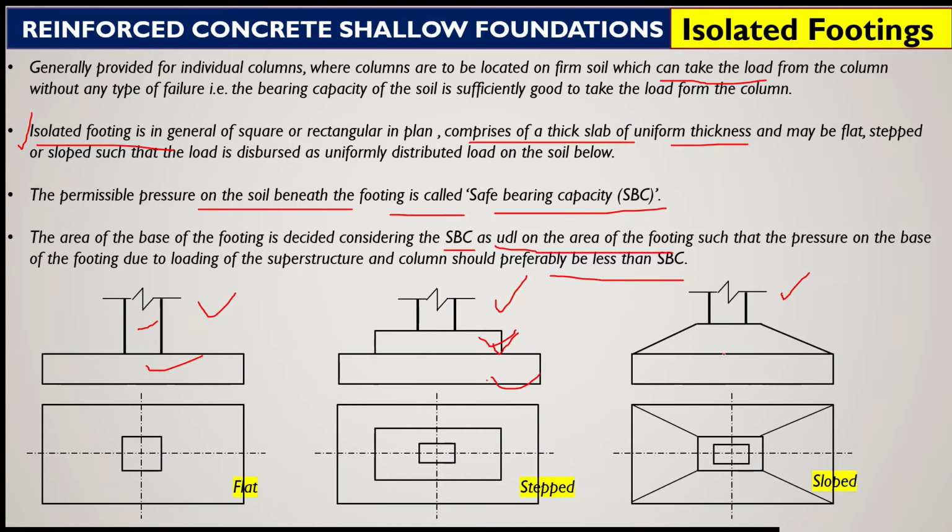So accordingly we can design the footing, and this type of footing will be a sloped footing. You will be seeing that there is a slope, and this will be the plan of the footing. So three types of footing we have discussed. One is flat footing, second is stepped footing, and third one is sloped footing. And flat footing may be square in size or rectangular in size.